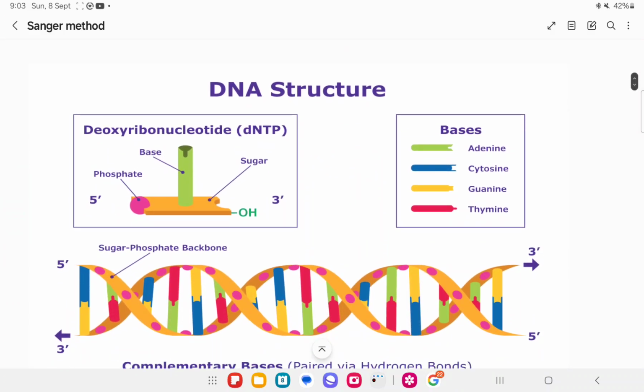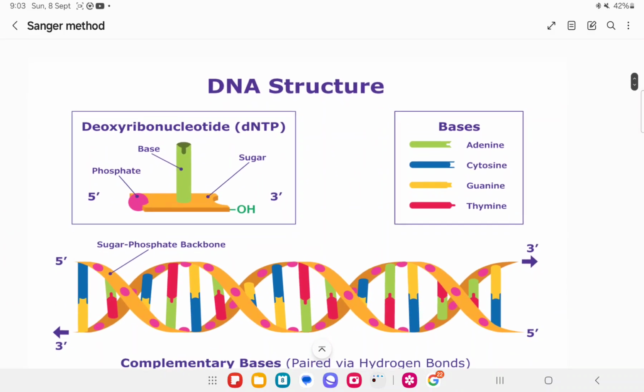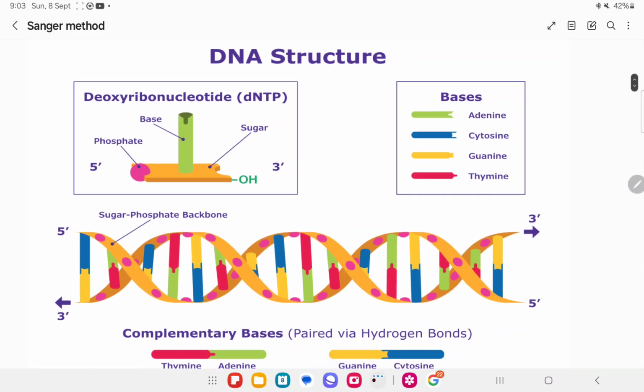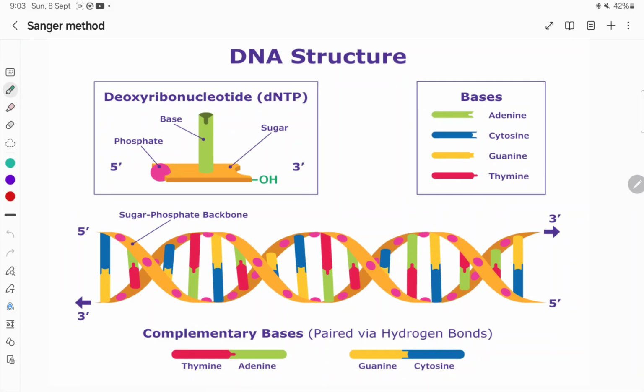Before that, let us see the DNA structure. DNA is a double helix structure. There are two strands, and each strand is a polynucleotide chain of sugar phosphate.